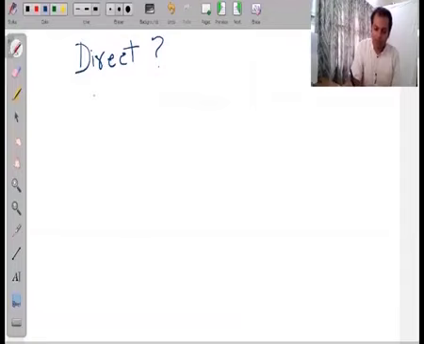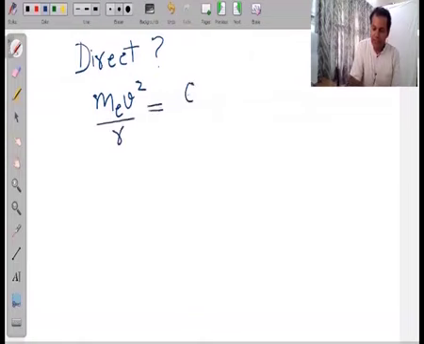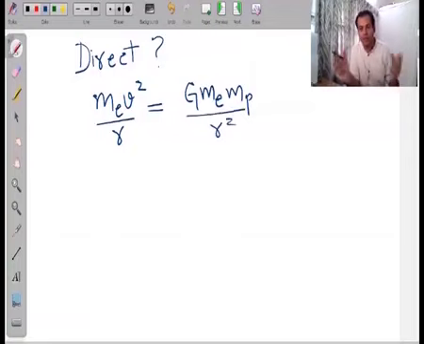We would compare, in this case, the centripetal force with the gravitational force, because that is what is keeping the atom stable.